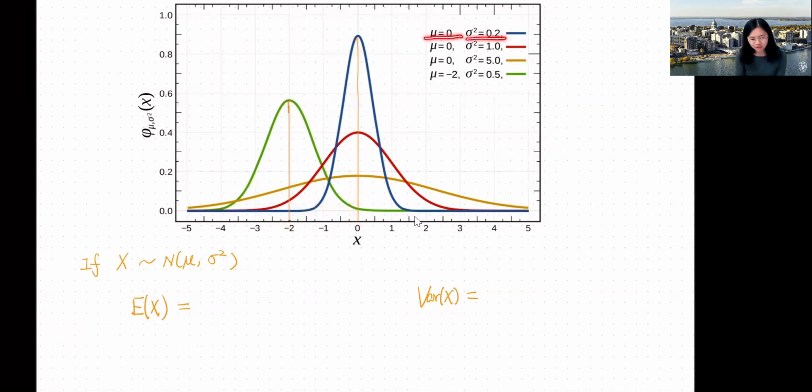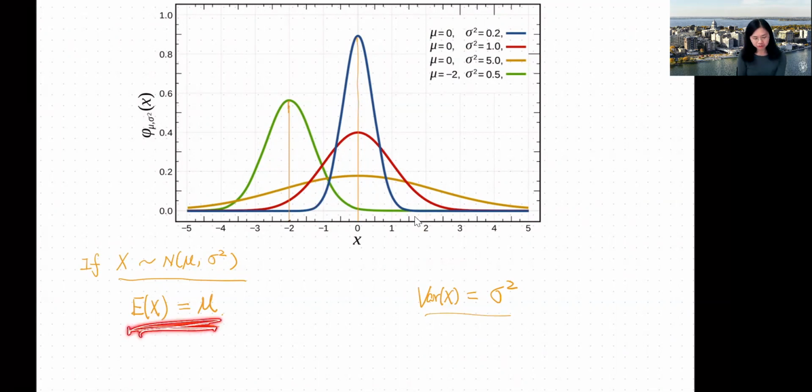So what are these particular parameters? How are they related to the traits of the distribution? Well, you can calculate using the definition of expectation that the expected value of x is in fact equal to mu, and the variance of x is equal to sigma squared if x is normally distributed with parameters mu and sigma squared. Deriving the first equation about the expectation is not very hard.